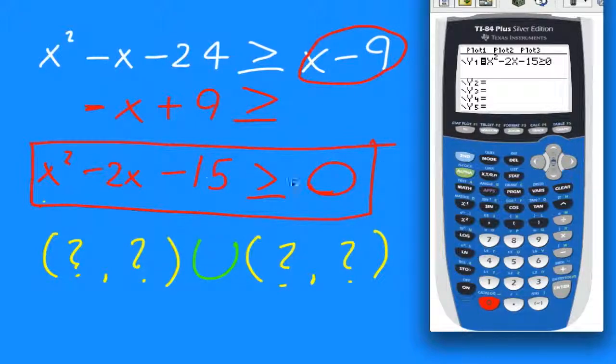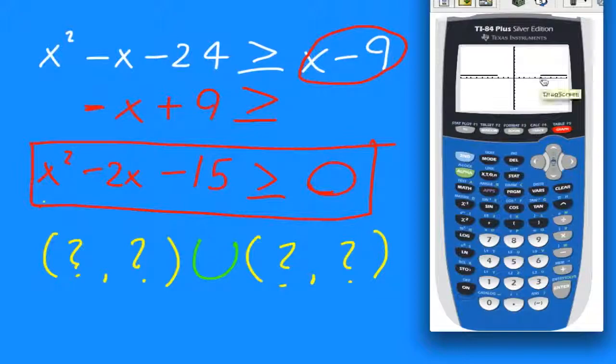So that's this whole thing right there, and you're going to graph it, and you're going to get these lines right here, and these are your intervals. So this is coming from negative infinity to negative 3, and this is going from 1, 2, 3, 4, 5 to infinity.